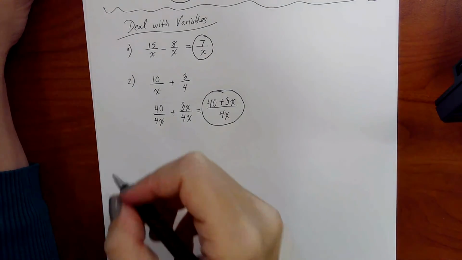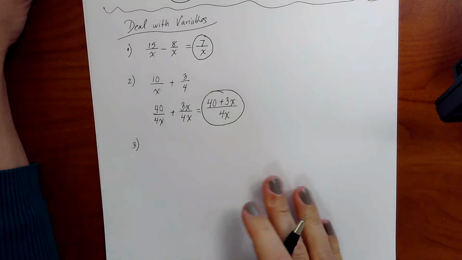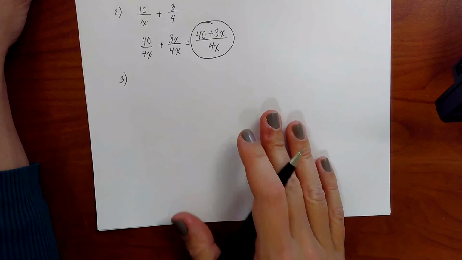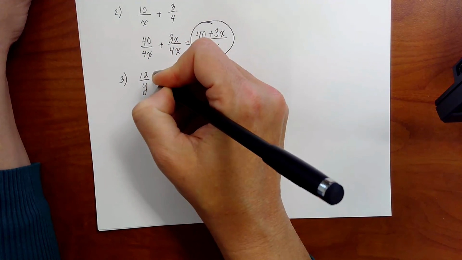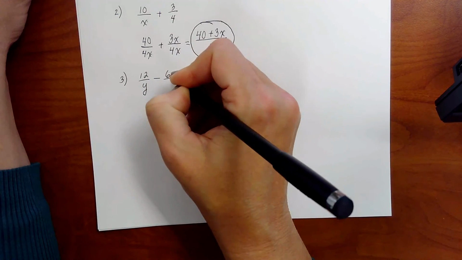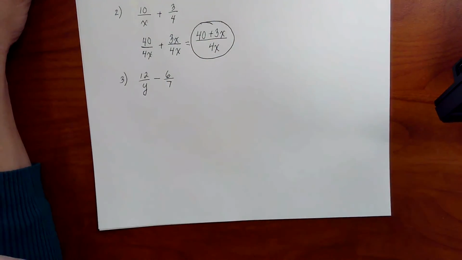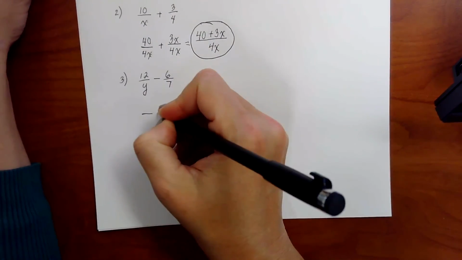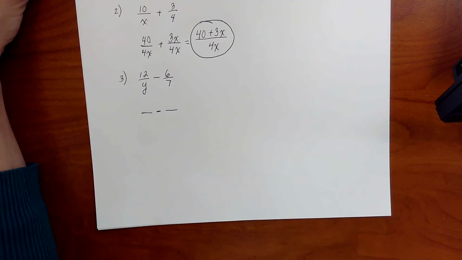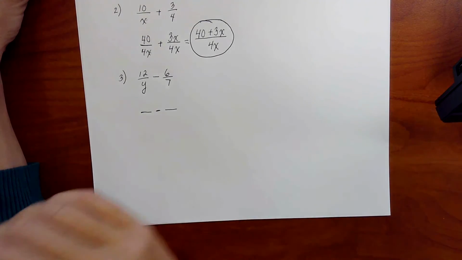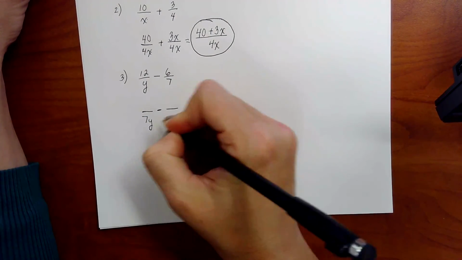Okay, try one like that and subtracting. Let's say it was 12 over y minus 6 over 7. All right, try to get your common denominator. You can pause it and try it. All right, so the common denominator would be 7y.